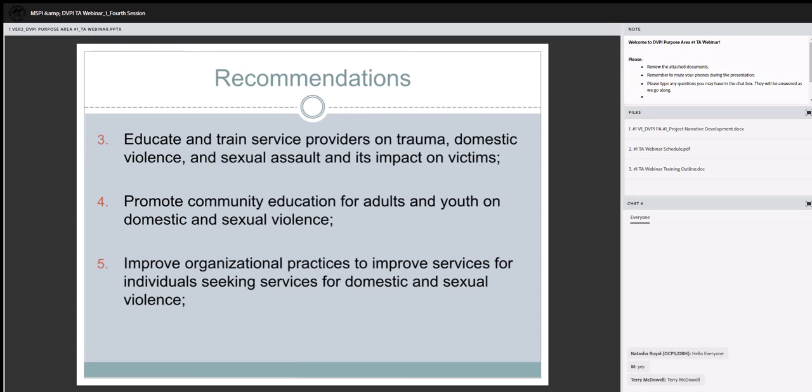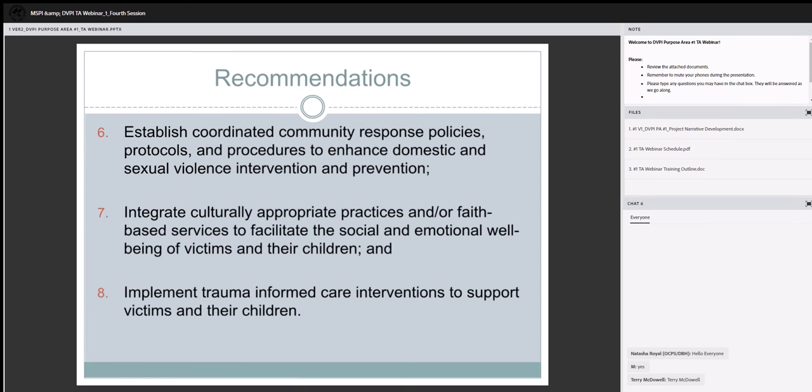Educate and train service providers on trauma, domestic violence, and sexual assault and its impact on victims. Promote community education for adults and youth on domestic and sexual violence. Improve organizational practices to improve services for individuals seeking services for domestic and sexual violence. Establish coordinated community response policies, protocols, and procedures to enhance domestic and sexual violence intervention and prevention.